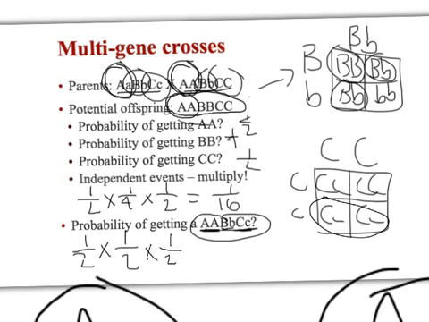So finally, these genes are all acting independently, so we can use our rule of multiplication and say 1/2 times 1/2 times 1/2 gives us a 1/8 probability of getting this offspring from those two parents.